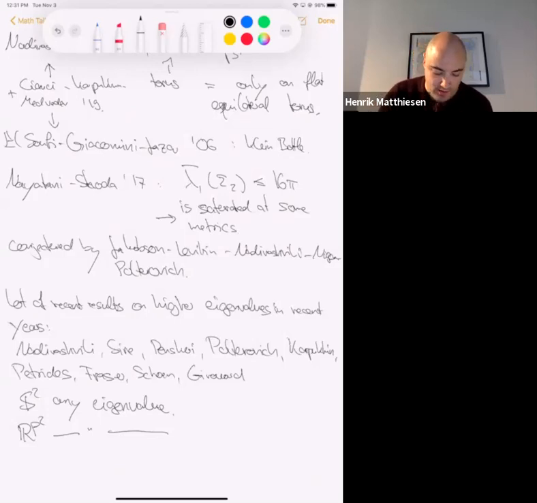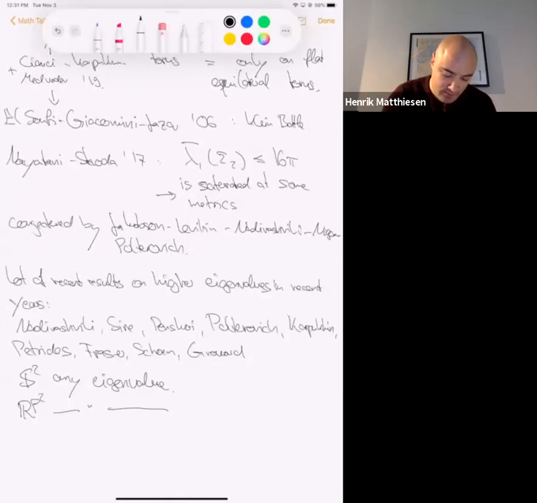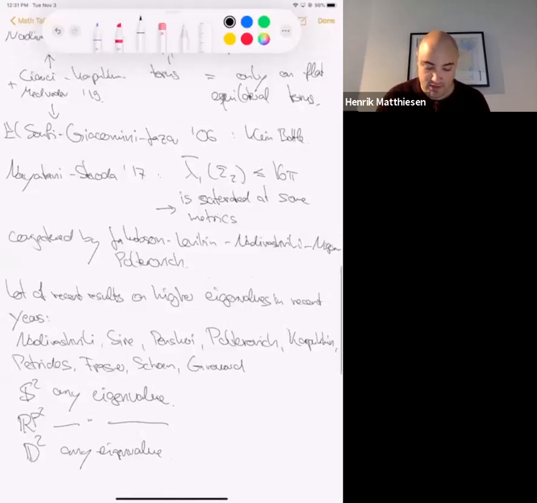And then also the disk, any eigenvalue is known, and that is work by Fraser and Schoen and Petrides and Girouard. Okay, but I'll focus mainly on the first eigenvalue for today. So that's the complete list of things we understand explicitly, including the numbers.